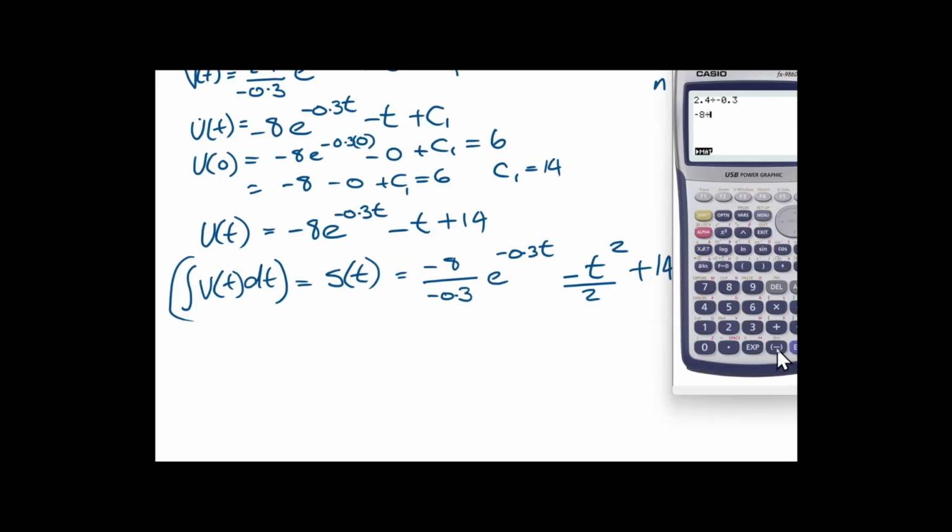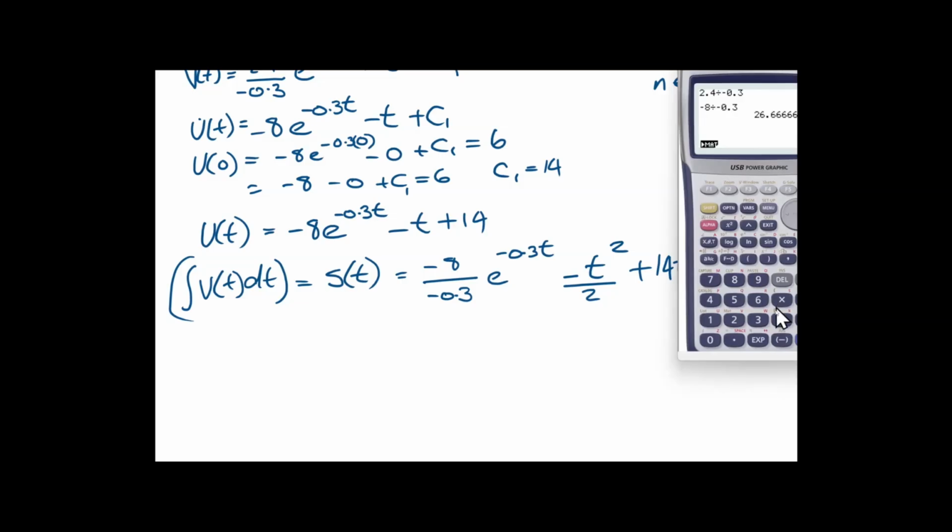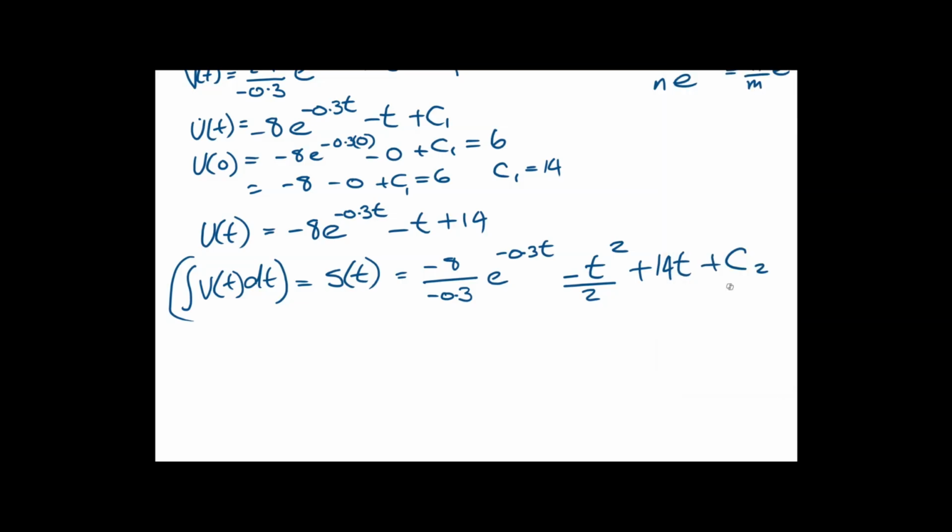Minus 8 divided by minus 0.3 equals 26 and 2/3, which is 80 over 3. So we have 80 over 3 e to the minus 0.3 t minus t squared over 2 plus 14t plus c2.